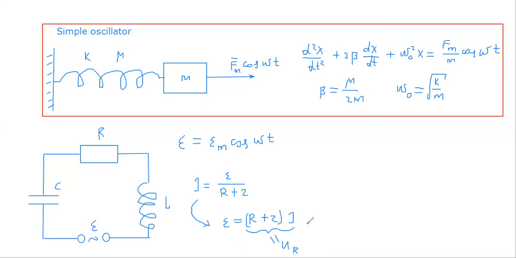So according to this, we have that electromotive force is equal to voltage on resistance R.